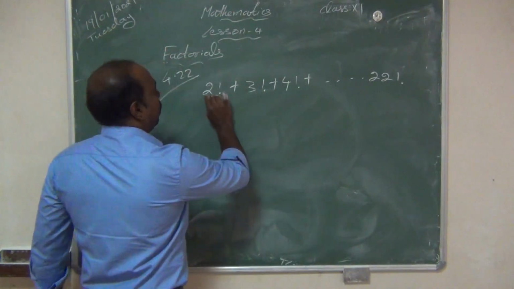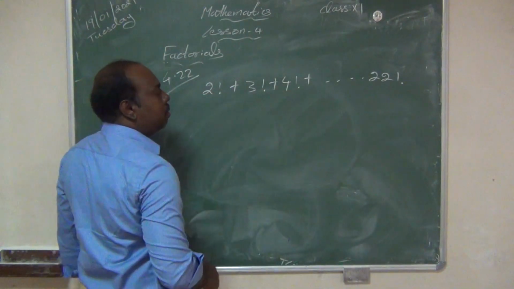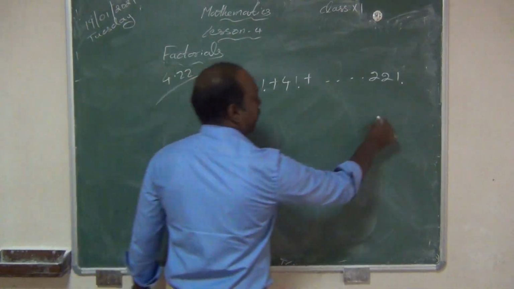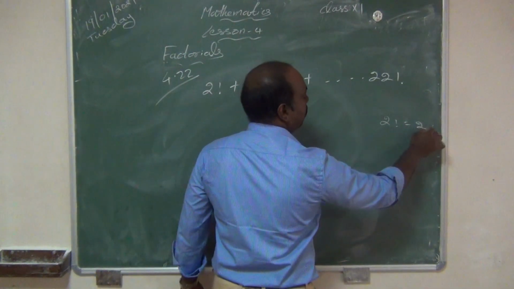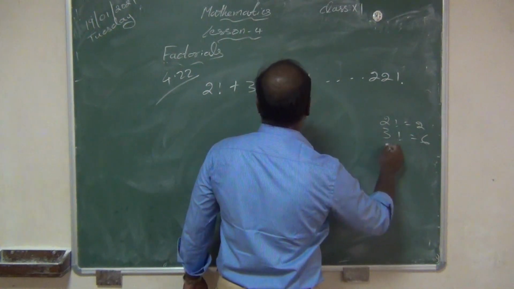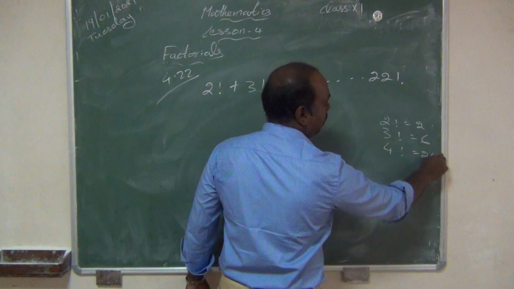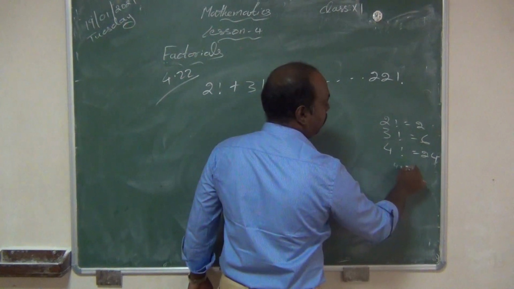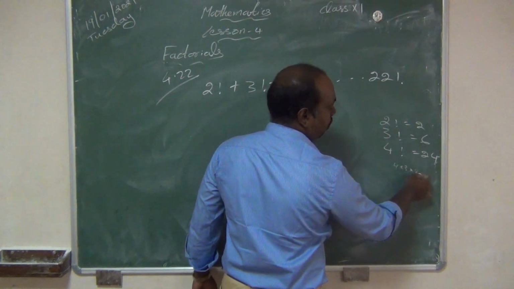So here we have from 2 factorial to 22 factorial. What is 2 factorial? 1 into 2, we will get 2. 3 factorial is 6. Then 4 factorial is 24, am I right? Because 4 into 3 into 2 into 1: 4 3s are 12, 12 2s are 24.